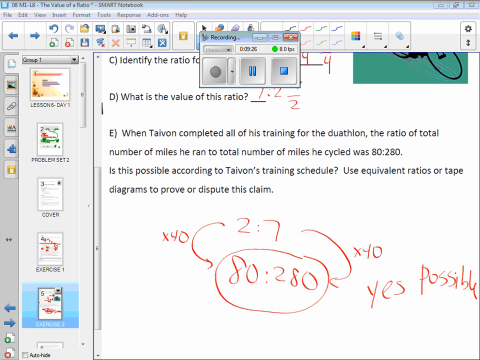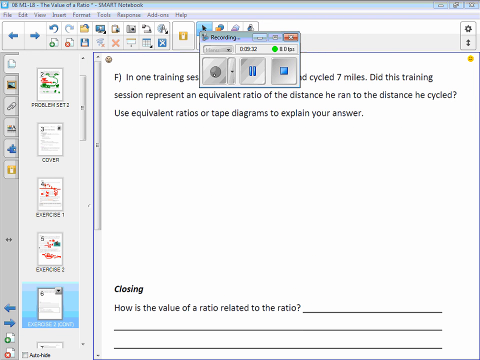Okay, flip the page, everybody do F. Possible or not? How many say yes? How many say no? Let's take a look. Original value 2 to 7, right? The new ratio that we're trying to evaluate whether it's possible or not is 4 to 7.